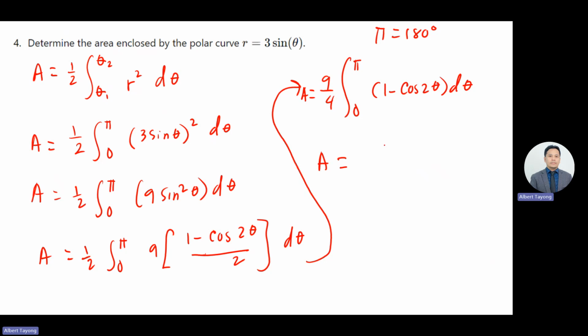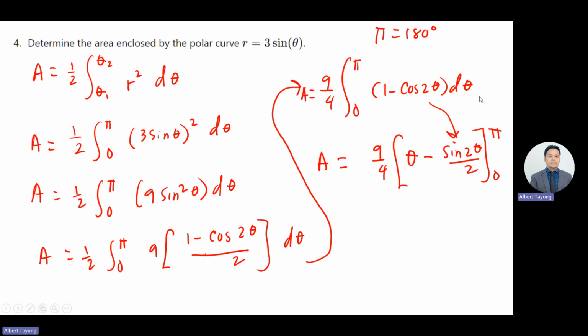Our answer is 9 over 4, we have 1 here, so that would be our theta, minus cosine 2 theta is actually sine 2 theta over 2. That is the integral of this. And this is from 0 to pi.